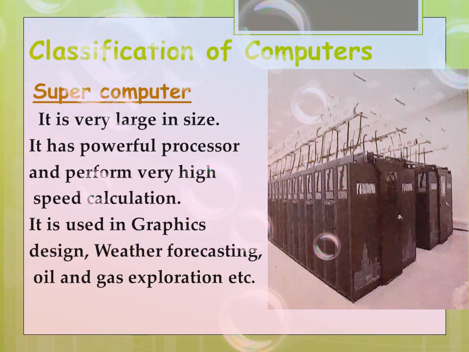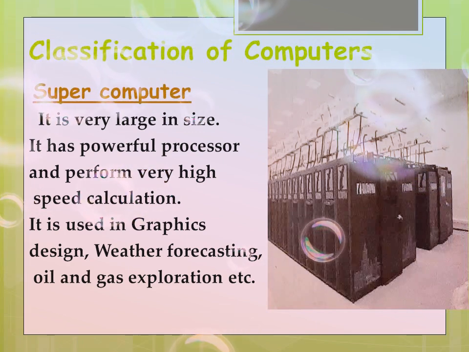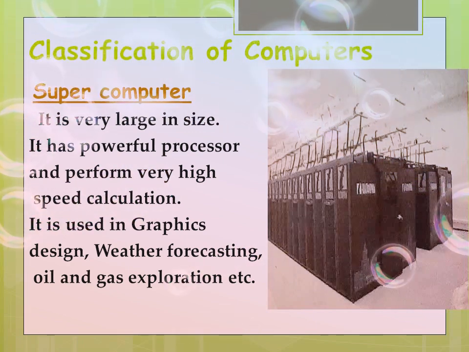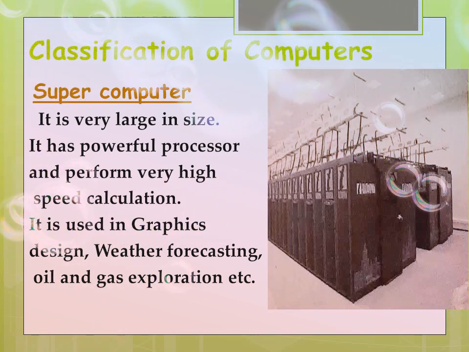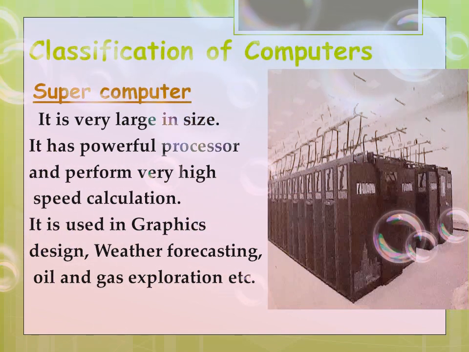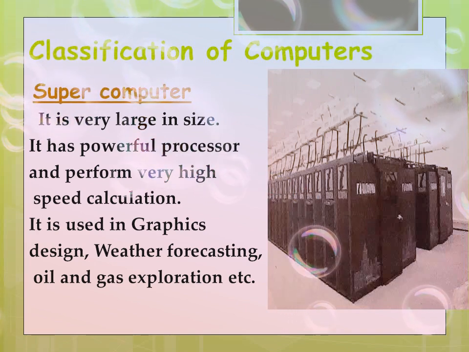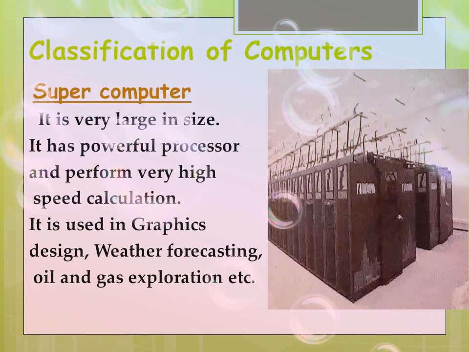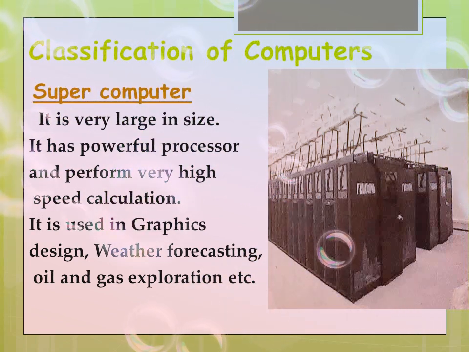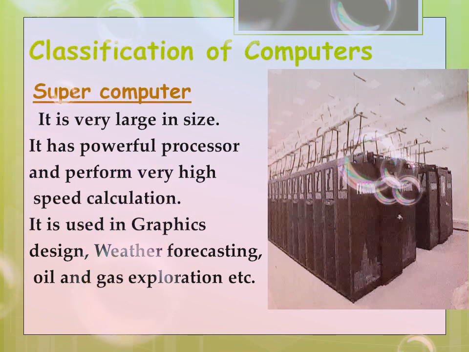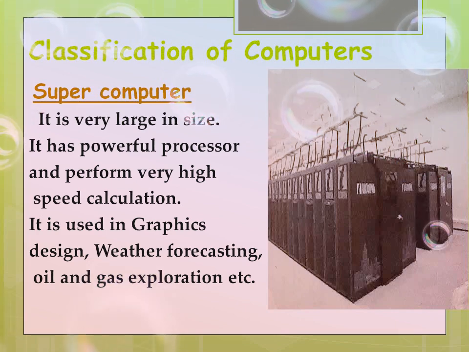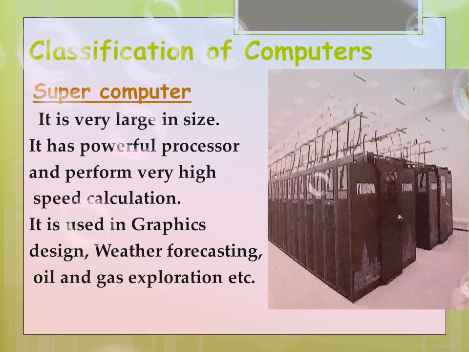Because of their high speed processing ability, supercomputer systems are used in animation graphics, weather forecasting, nuclear research work, petroleum research work, cryptanalysis, molecular modeling, oil and gas exploration, and quantum mechanics, etc. So this is the supercomputer.